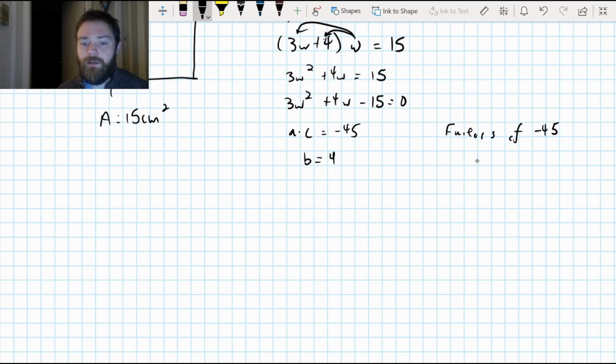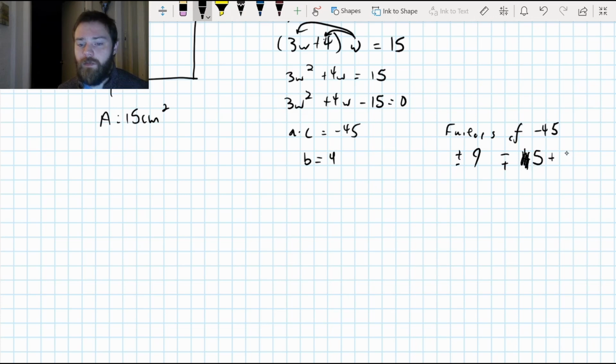So I'm going to factor negative 45. They're close in value because I've only got a positive 4 here for the b, and one of my factors has to be negative. I know 45 is divisible by 5, and 45 divided by 5 is 9, so I've got plus or minus 9 and minus or plus 5.